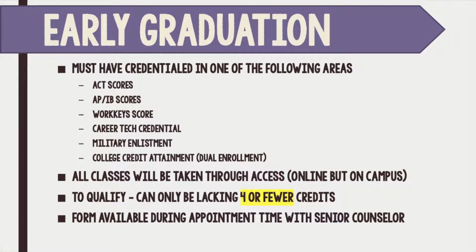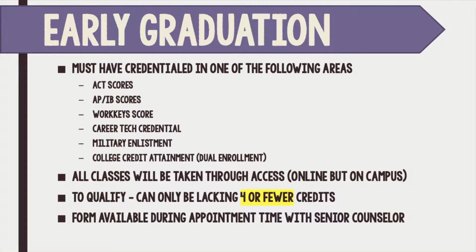Another way you have to qualify is you can be lacking 4 or fewer credits. So if you are lacking more than 4 classes, you cannot graduate early. And that is because honestly, we have no room to put that in your schedule if you're missing more than 4 classes. So 4 or fewer credits lacking. If you're interested in this, there's not a way for you to fill that out in your packet that we gave you, but you can pick up a form with me when we meet during your appointment time.